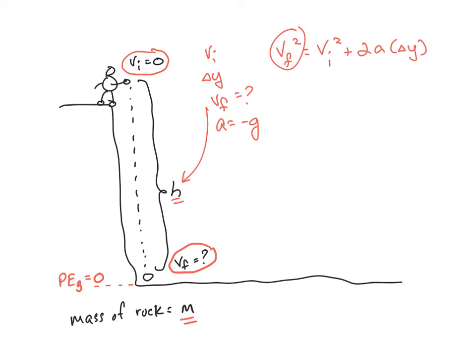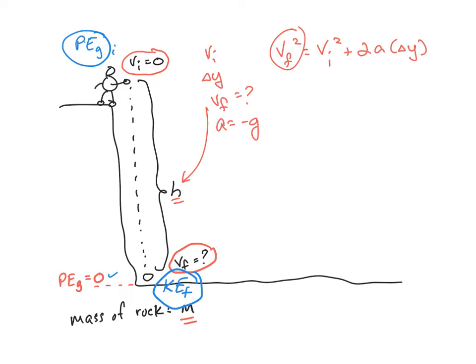So when it's up here at the beginning, it has a lot of gravitational potential energy. So it's got some PEG initially. So that's what kind of energy it has at the beginning. Then at the end, since my gravitational energy is 0, all of that gravitational potential energy gets converted into kinetic. So I've got all this kinetic energy down here at the bottom.